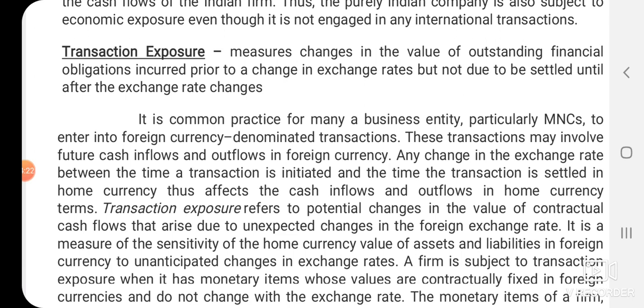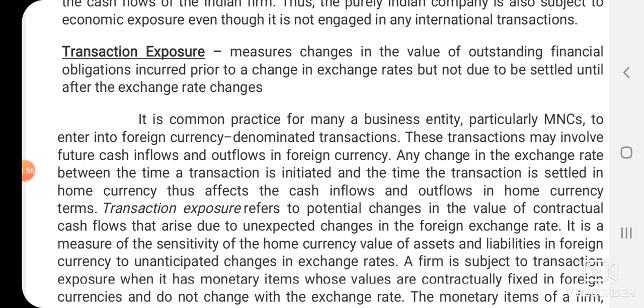It is the risk that exchange rate fluctuations will change the value of the contract before it is settled. I have already said that exchange rate fluctuations will change the value of the contract before it is settled.